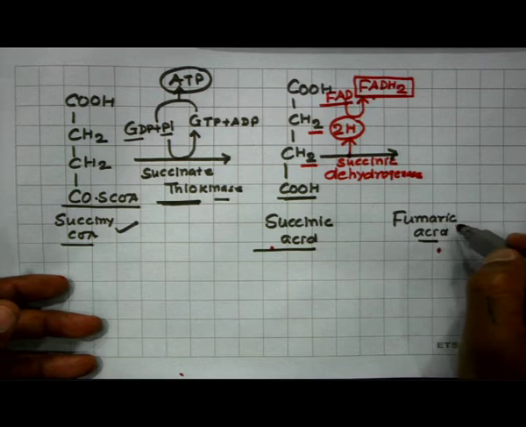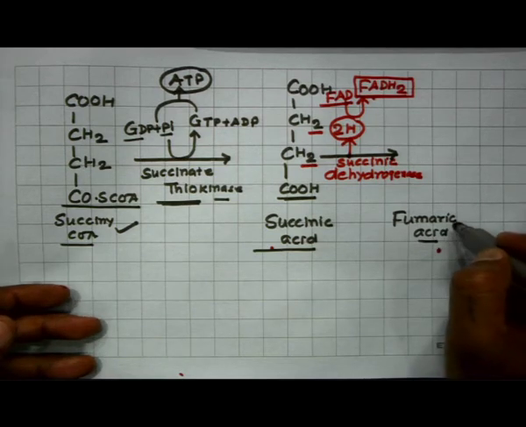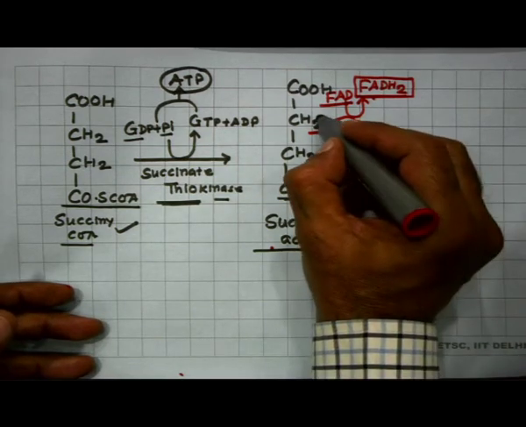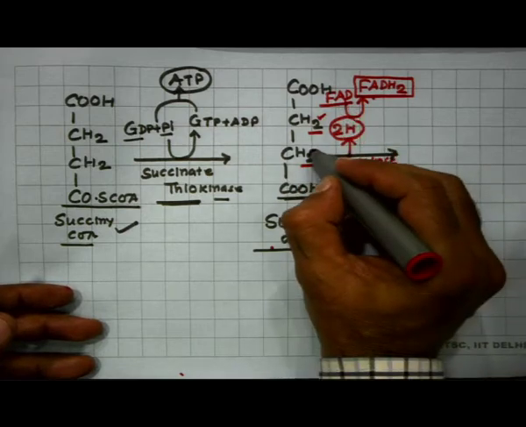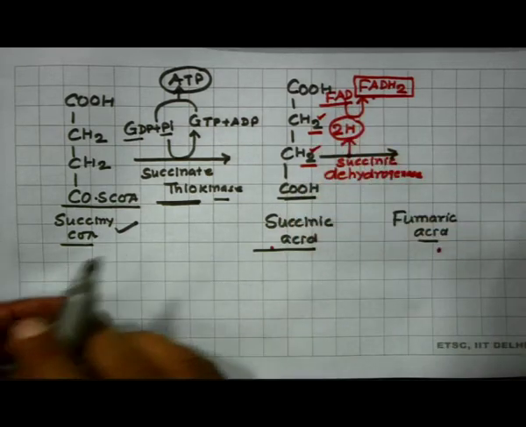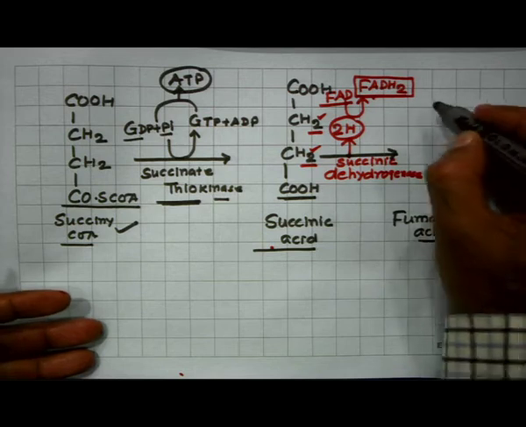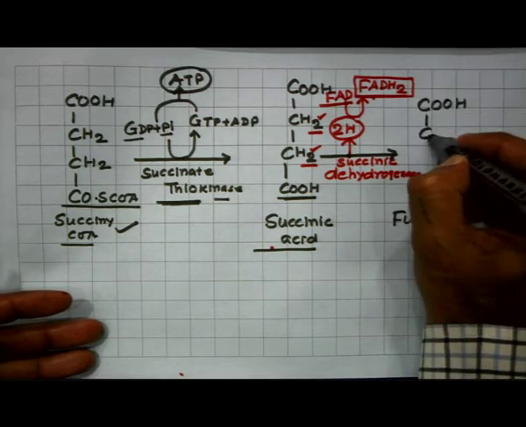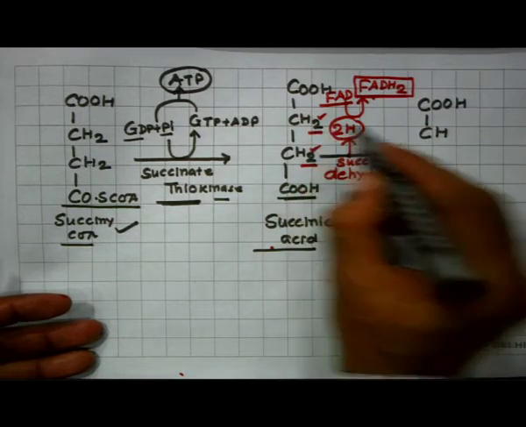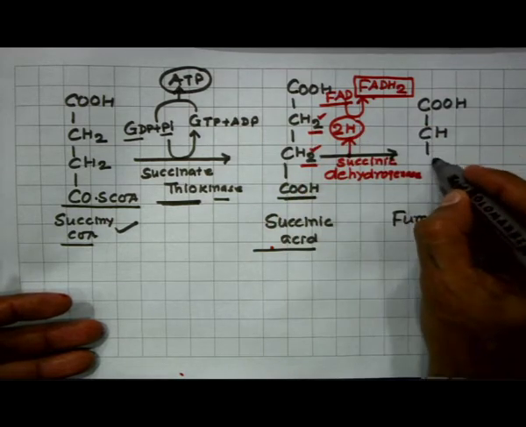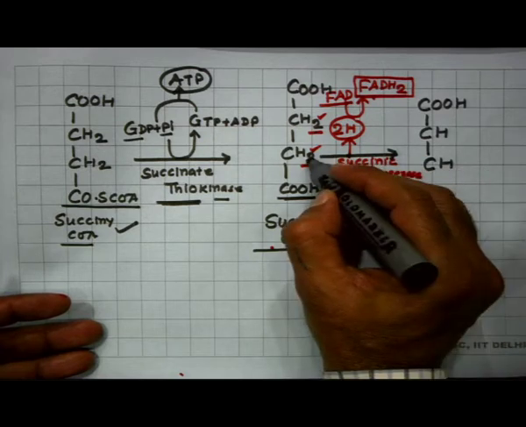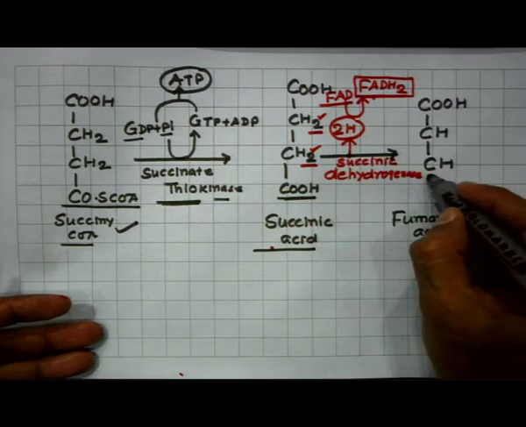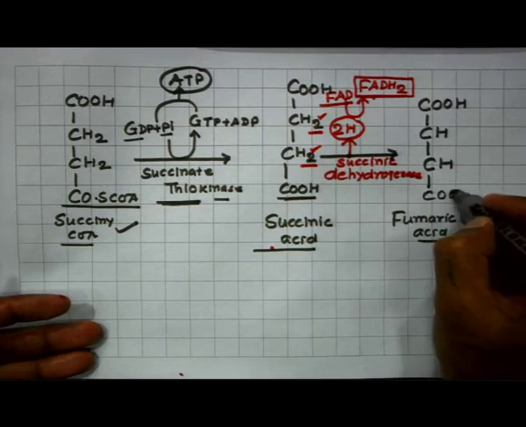Now, the structure of fumaric acid we can easily write by removing one hydrogen from here and one hydrogen from here. So, COOH here. After removing H, only CH is there, then COOH.